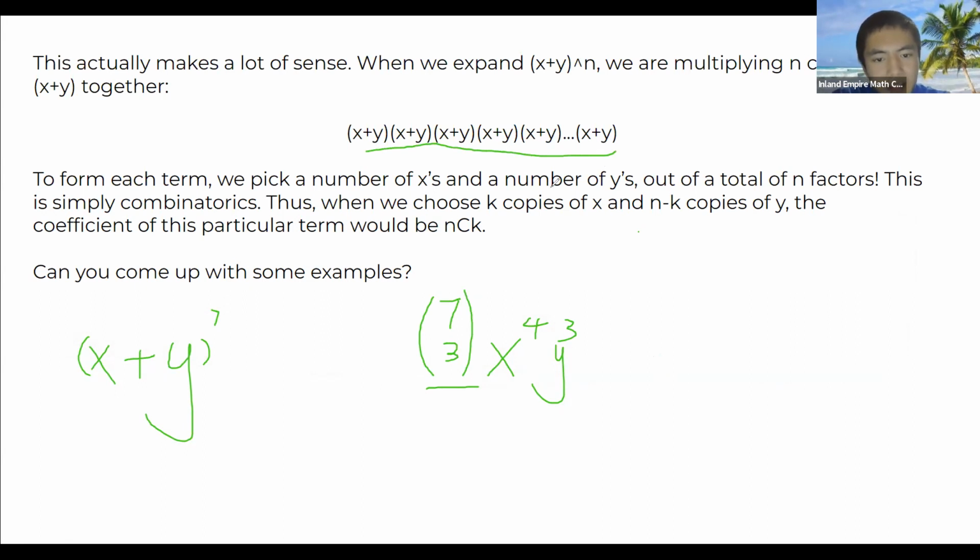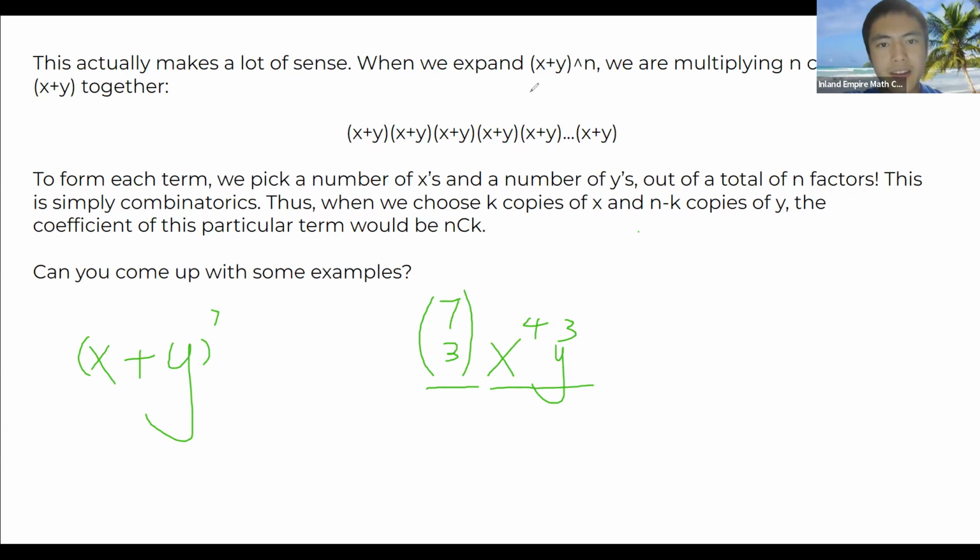You have 7 of these, and from 3 of these you choose a y term, and from the remaining terms you choose an x. So you're choosing 3 objects from 7 objects, which means the number of copies of this term is 7 choose 3, so the coefficient would be 7 choose 3.